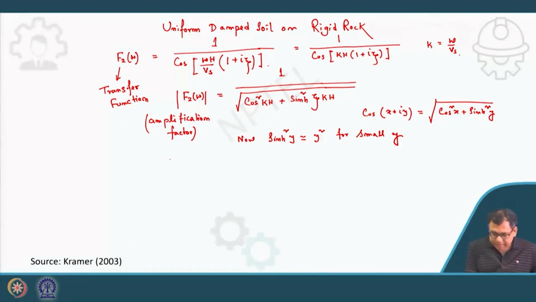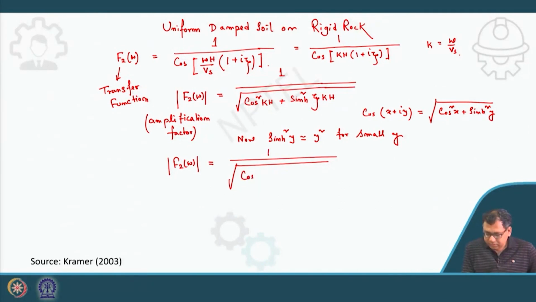If we put that, then I will get that my amplification factor will be equal to 1 by root over cos square kh plus, now this is y, so this term will be y square if y is very small. So, this will be (damping ratio into kh) whole square.